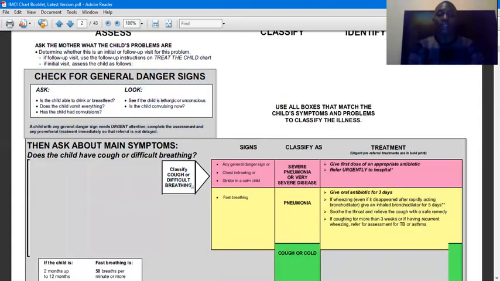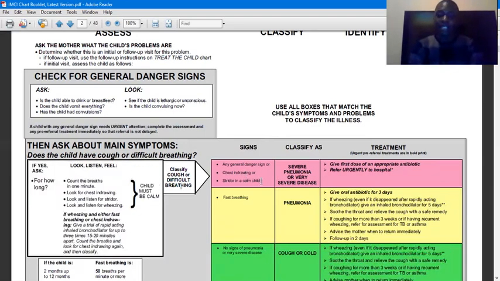The first thing IMCI says is, if the cough or difficulties in breathing is accompanied by any general danger sign, amongst the 5 general danger signs, such as child not able to drink, vomiting everything, convulsing, lethargy, unconsciousness, as well as convulsions at present.